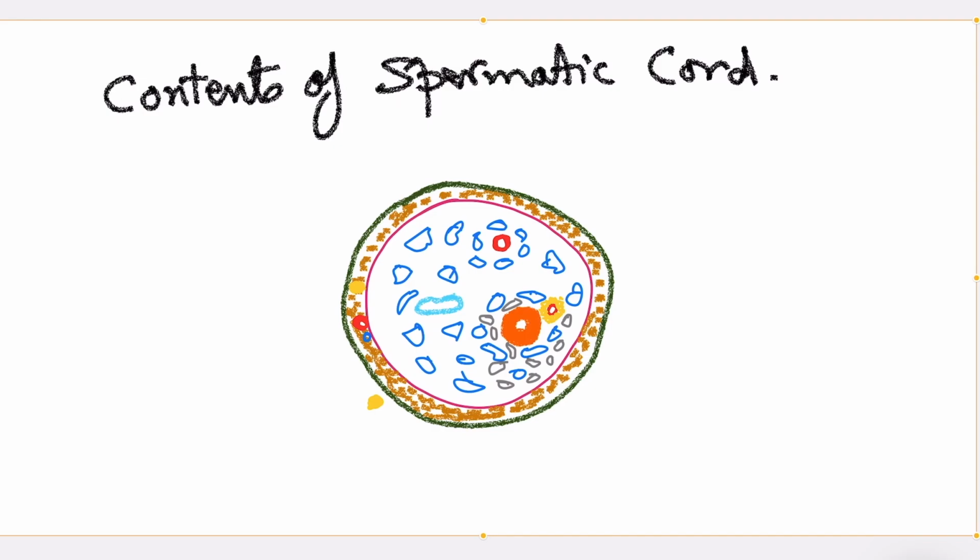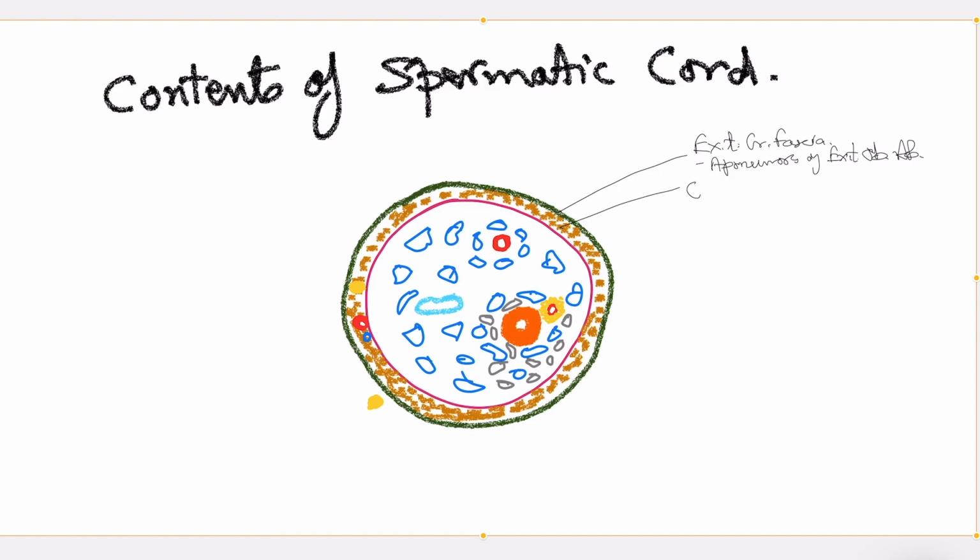Now quickly, tell me, what structure is this? External cremastic fascia, which is a derivative of the aponeurosis of external oblique abdominis. Then, what is the brown colored thing in between?